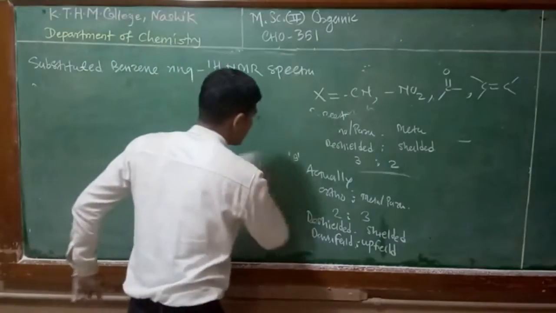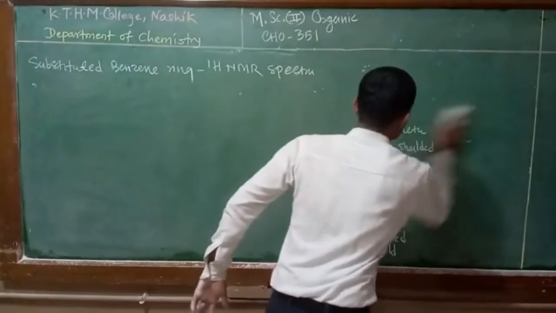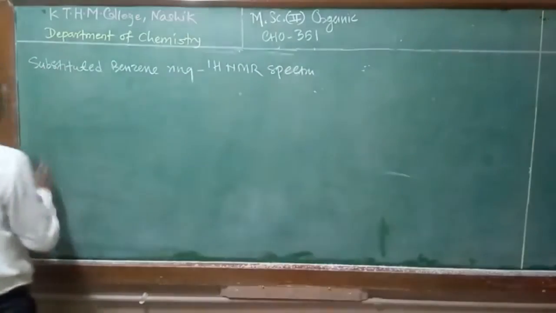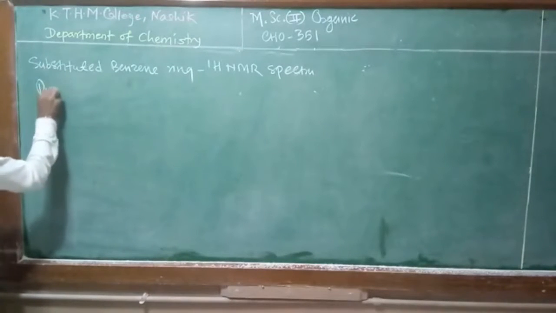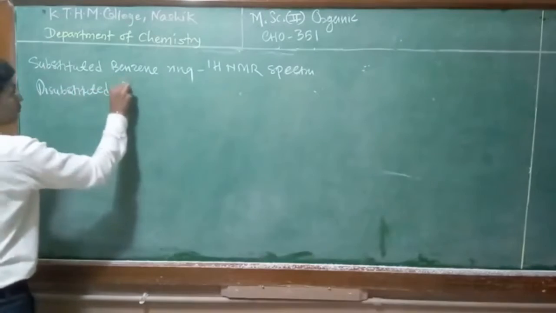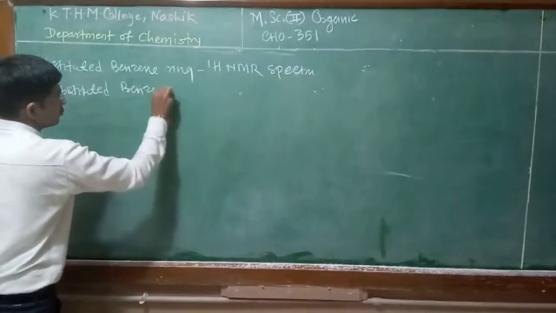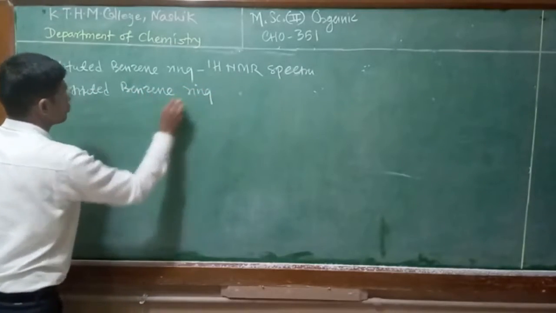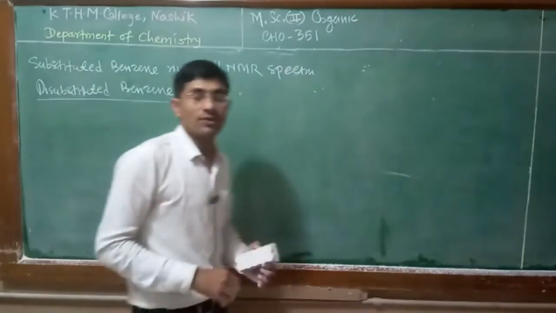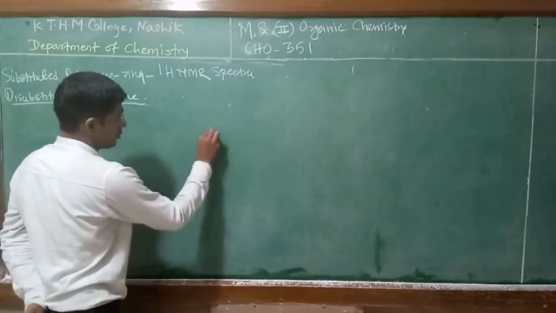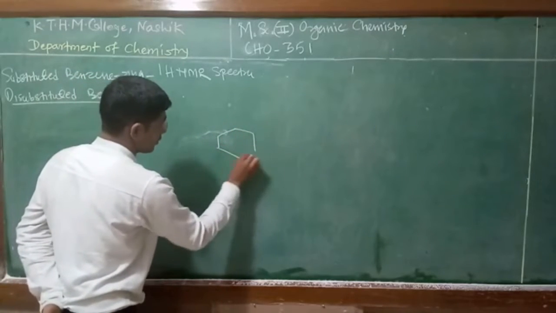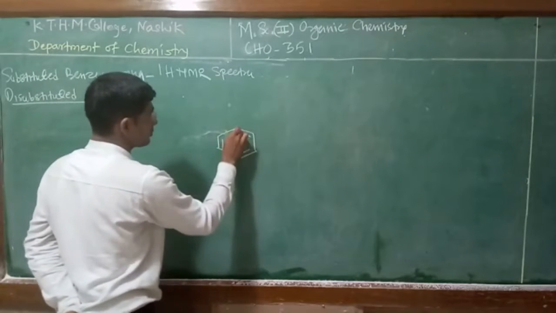disubstituted benzene rings. In a disubstituted benzene ring, firstly consider an example.